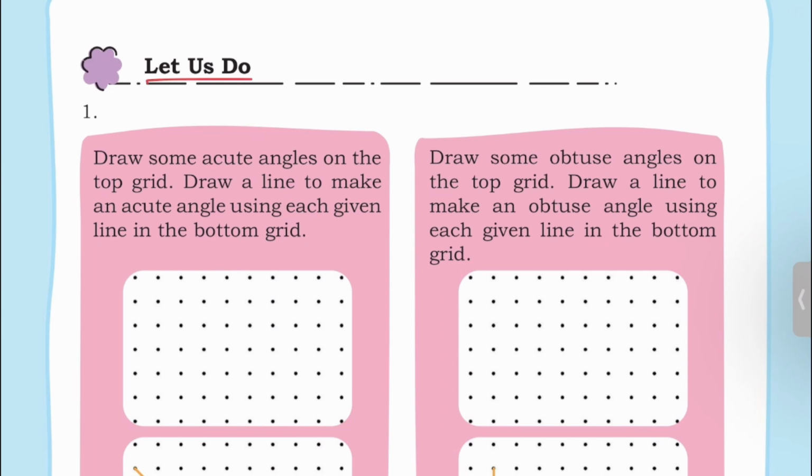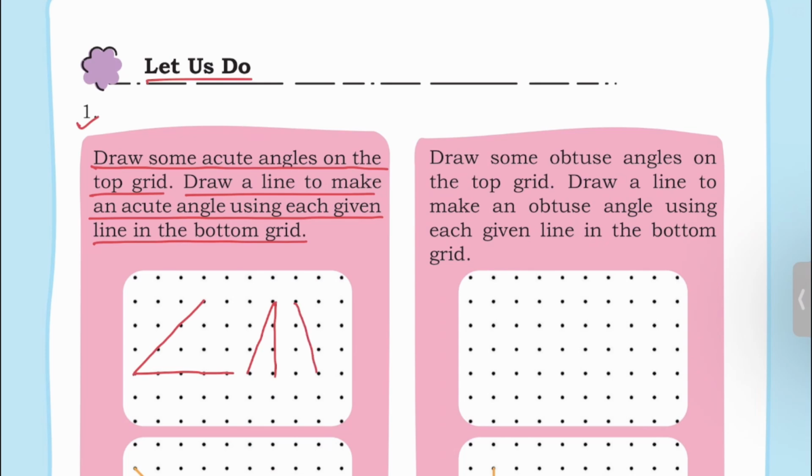Let us do 1. Draw some acute angles on the top grid. Draw a line to make an acute angle using each given line in the bottom grid. You can draw some acute angle in the top grid like this, or like this.